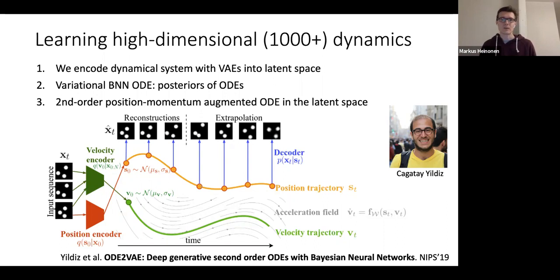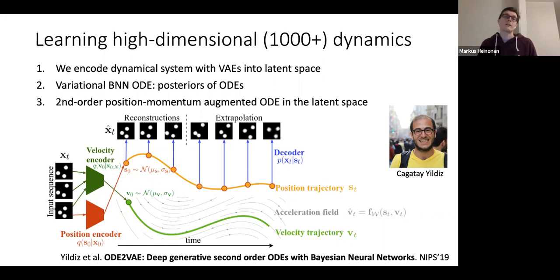So now a variational autoencoder is a Bayesian autoencoder, where we have one module that can encode a complex object down into a latent vector representation, into a latent code, and we have a decoder that can reconstruct the original object. And we of course want the reconstruction error to be very small. So in this case, what we do is that our data is these sequences of images, which represent balls in some kind of box where the balls are bouncing.